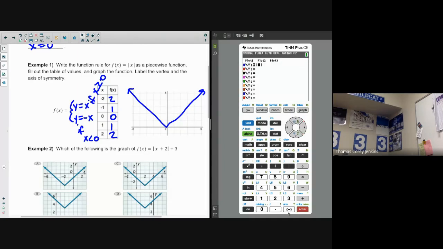So absolute value of x, arrow out just to make sure it reads correctly, and then I can look at the graph, and there you go. That's what we're basing all of the rest of our work on. That is the parent function, right?